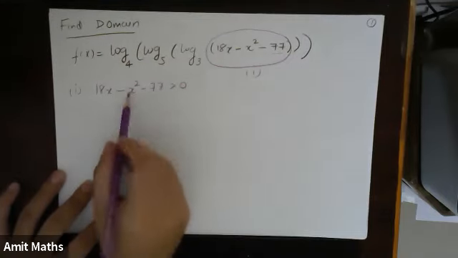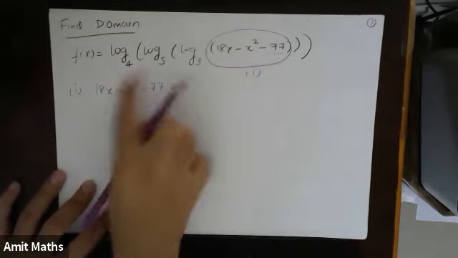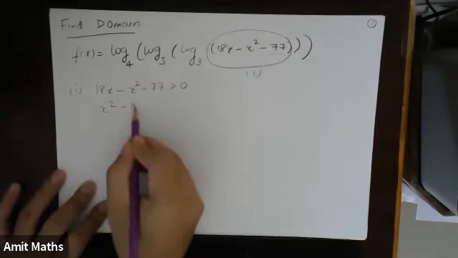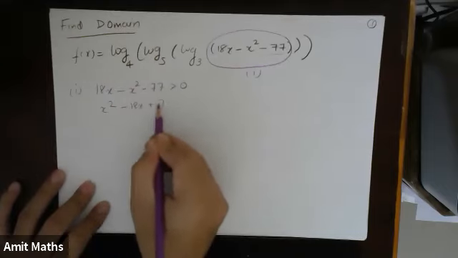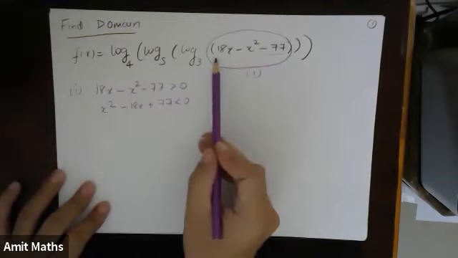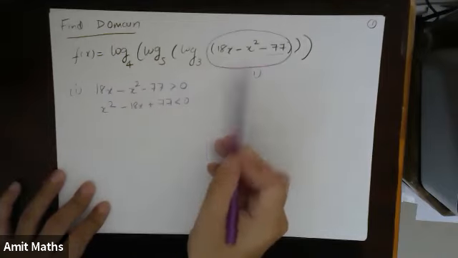If this is greater than 0, I can multiply by a negative sign, or bring everything to this side. So this becomes x square minus 18x plus 77 should be less than 0, since whatever is inside this log should be greater than 0.